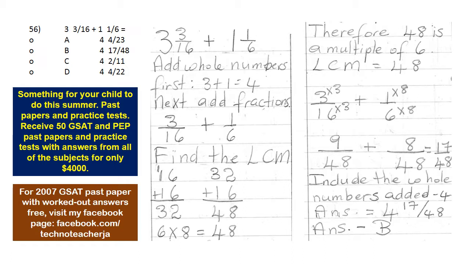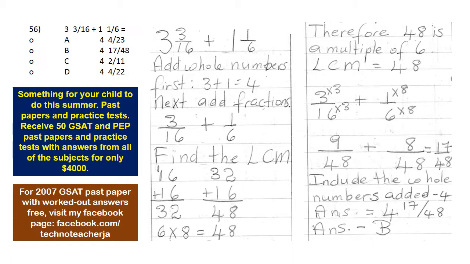Include the old whole numbers added, 4. The answer is 4 and 17 over 48, which is B.